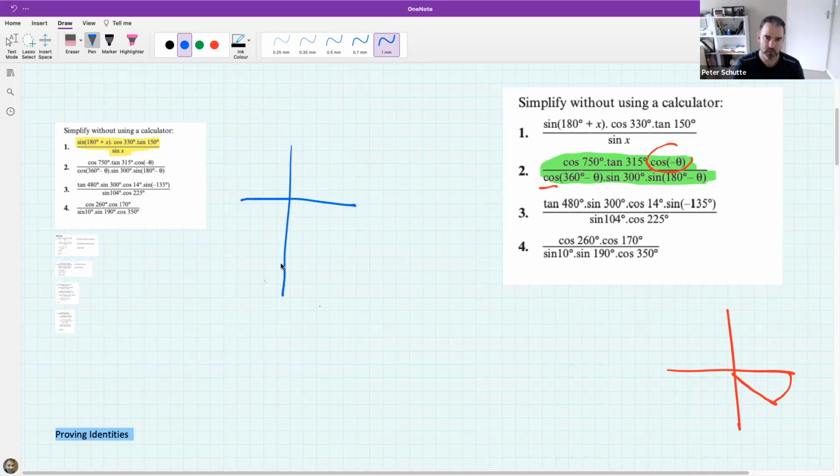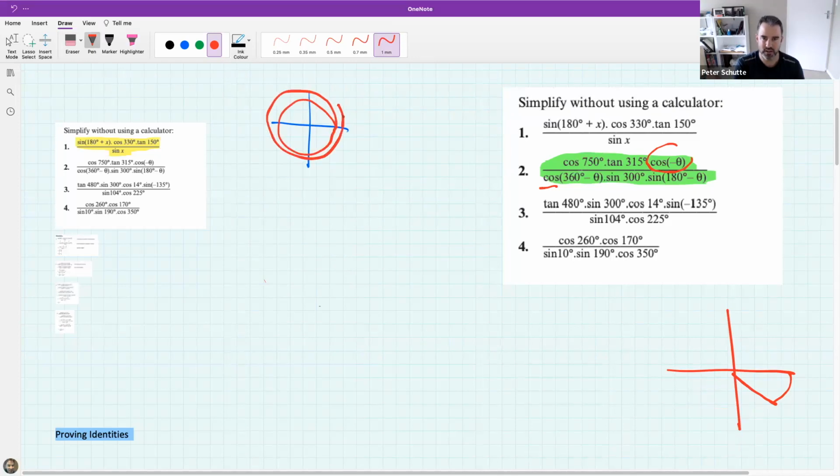Actually, let me make it smaller because there's lots of them. So 750 would be going once, going twice, and here. 315 would be here.